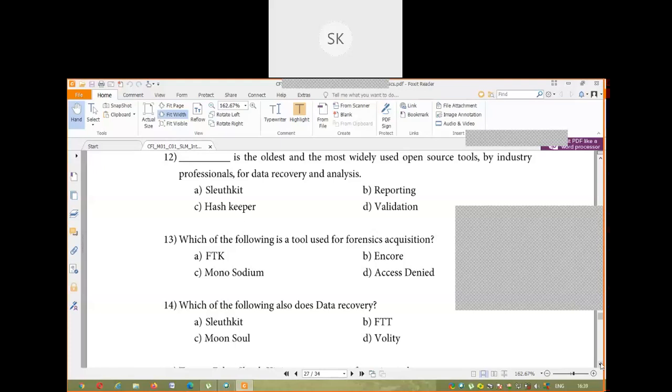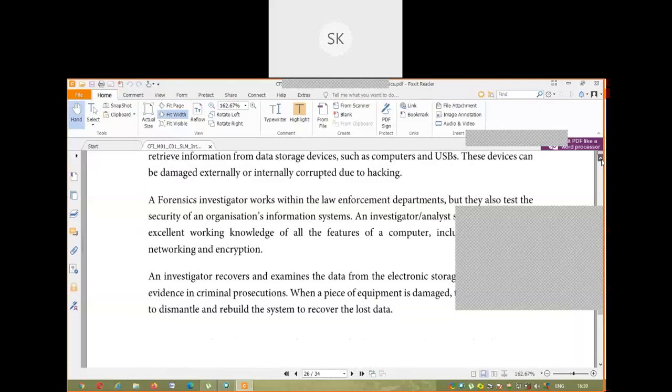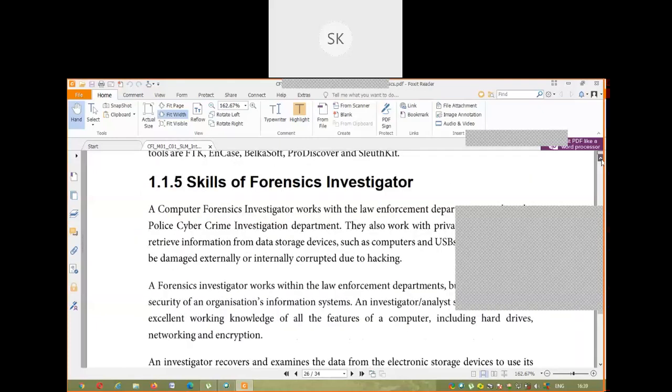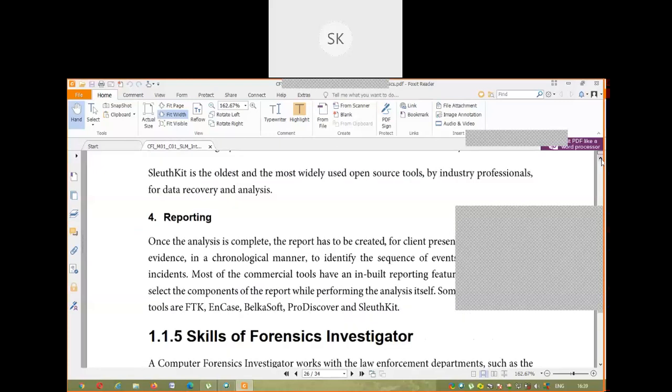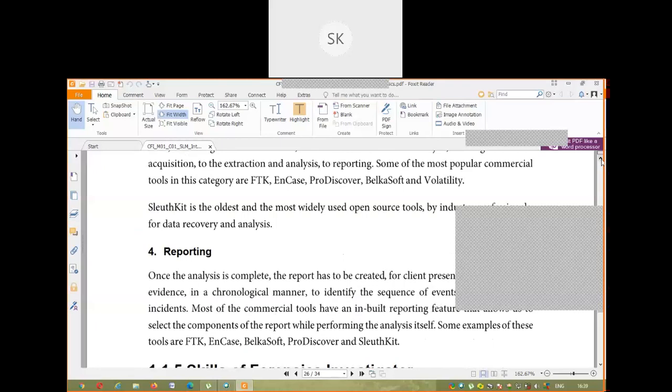Some of you wrote B, C, A. Let's see. Remember this. I think the last one, B, is also used. Let's see. Data recovery. Last one, D. Answer D is correct.